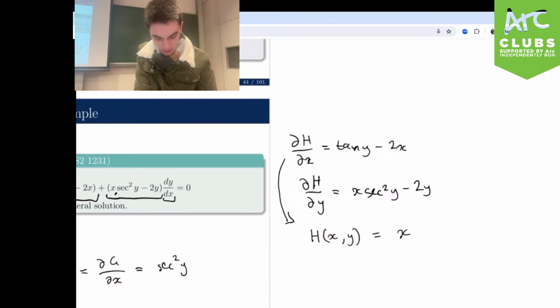So there's just going to be an x that appears next to this tangent of y term, right? And this minus 2x is going to be integrated to become x squared.